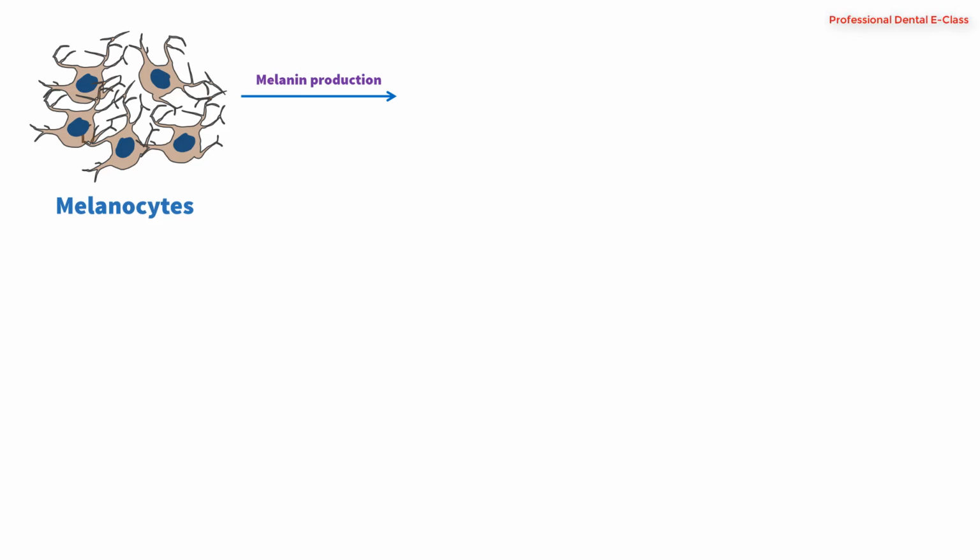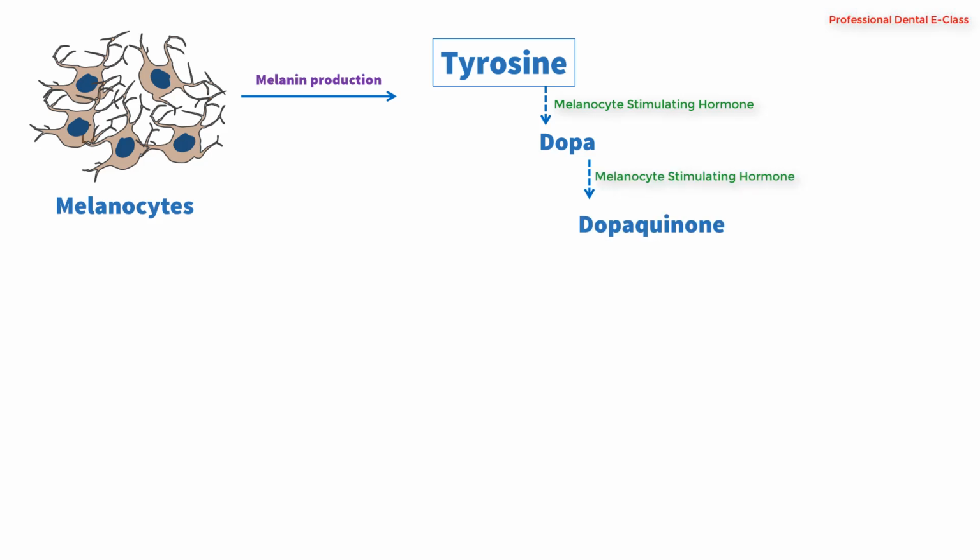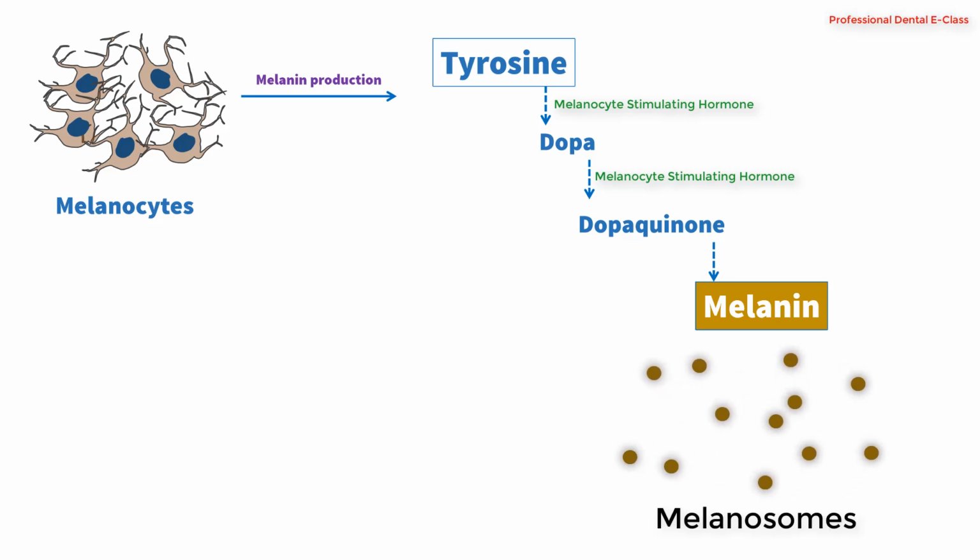The process involves a series of steps beginning with the amino acid tyrosine under the influence of a melanocyte stimulating hormone. The resulting pigments are then packaged carefully into vesicles called melanosomes, which are then transported along cytoplasmic processes of the producing melanocytes and then secreted into the cytoplasm of adjacent keratinocytes.